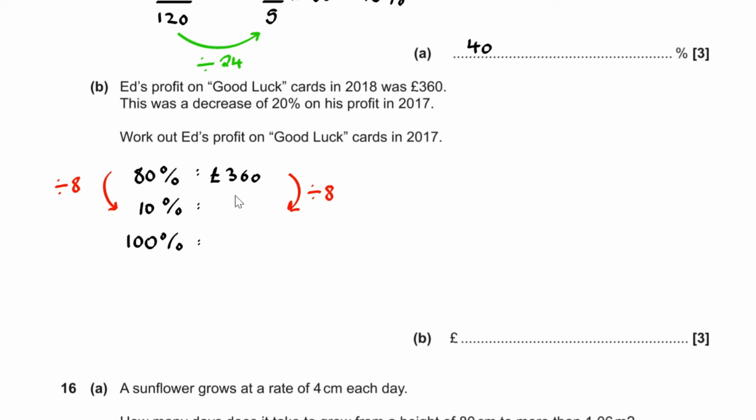So 360 divided by 8, you'd find this to be 45. And then for 100%, we'd have to times by 10 on both sides. And if we times by 10, of course, here we've got 450. So we've got £450, which was the profit in 2017.